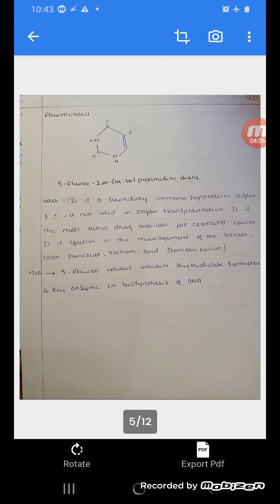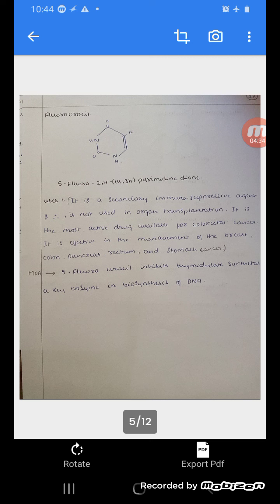Next classification is pyrimidine analogs. Example is 5-fluorouracil. This drug is the most active drug available for colorectal cancers. It is effective in the management of breast, colon, pancreas, rectal and stomach cancer.